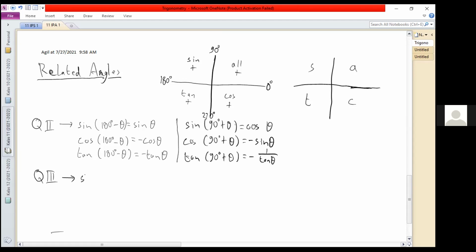So, sine of 180 degrees minus theta. Sorry, if it is the third quadrant, then it is greater than 180, so it should be plus. Now in the third quadrant, the sign will be negative, because only tangent is positive.